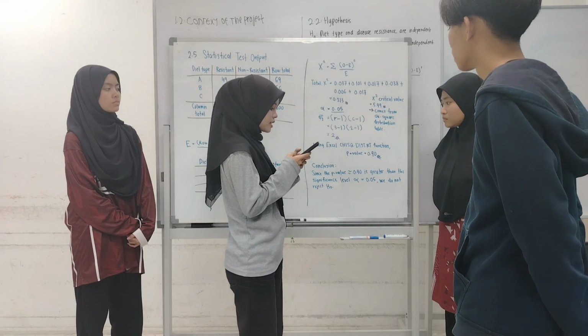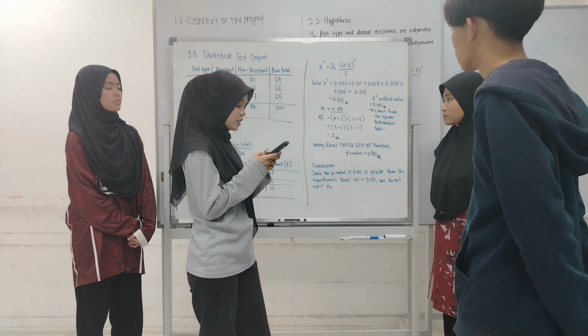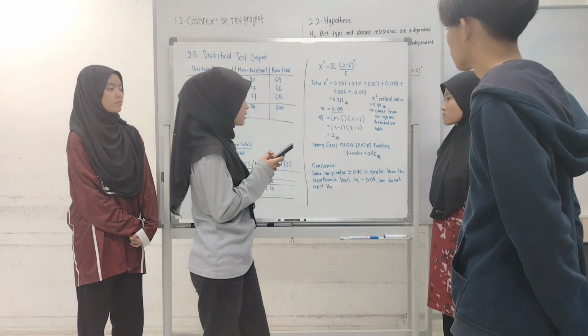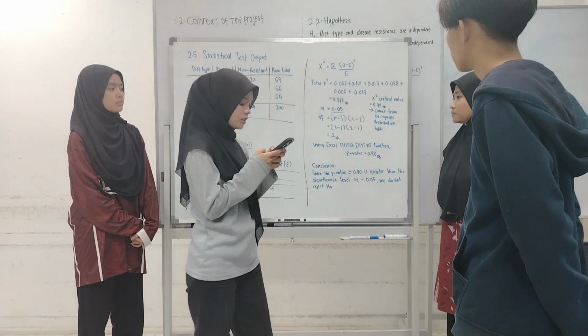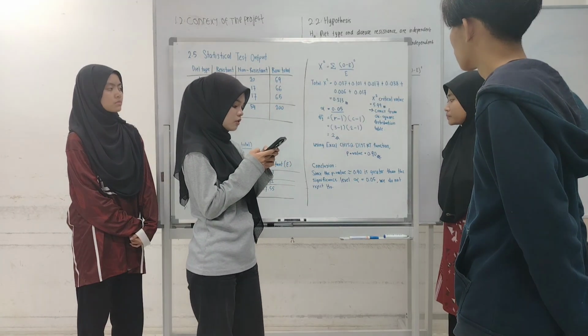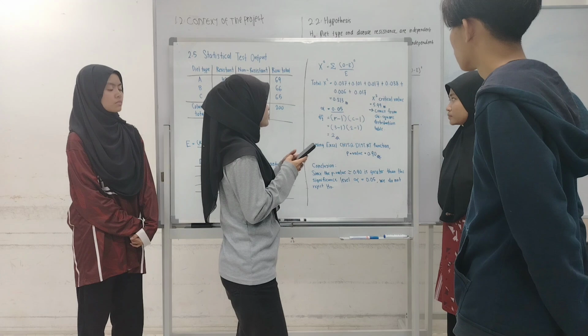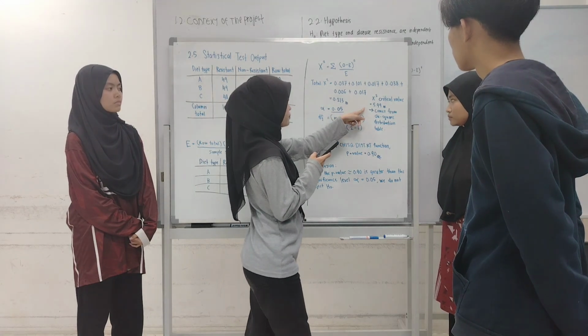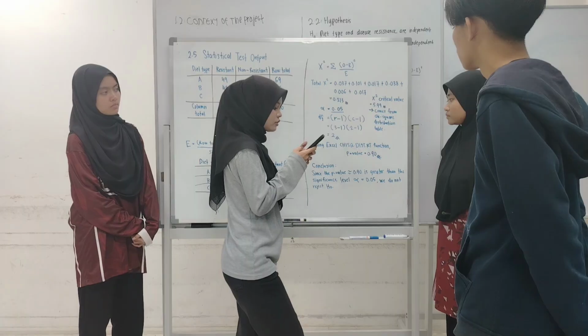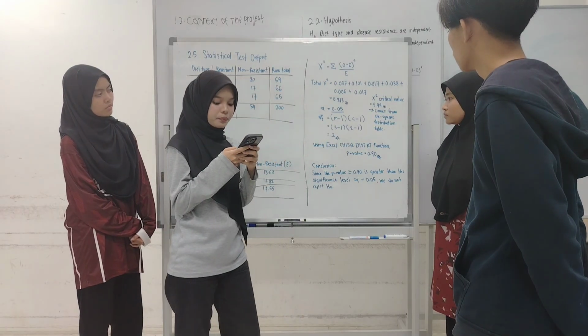At the 5% significance level, the critical value is 5.99. Since the calculated test value of 0.213 is less than 5.99, we fail to reject the null hypothesis.